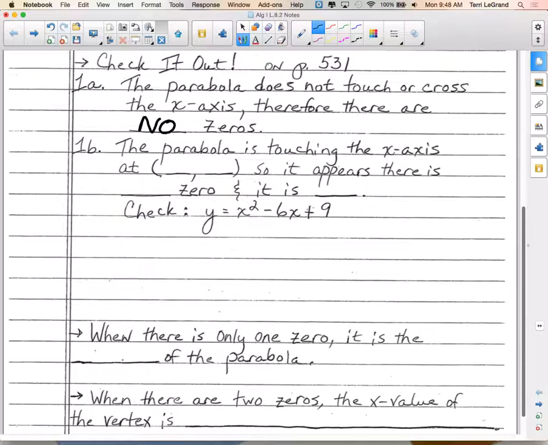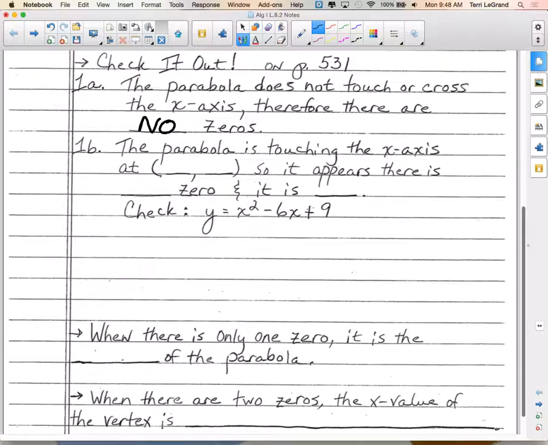How about in 1b? What's happening in 1b? The parabola is touching the x-axis at what, Chase? Ordered pair what? 0, 1? 1, 0. You guys agree with that?